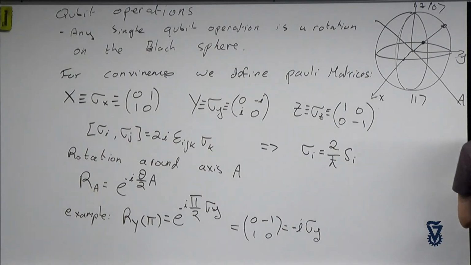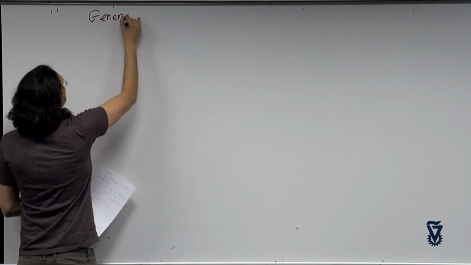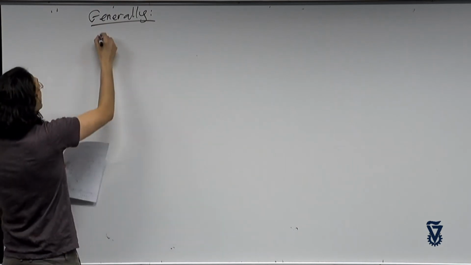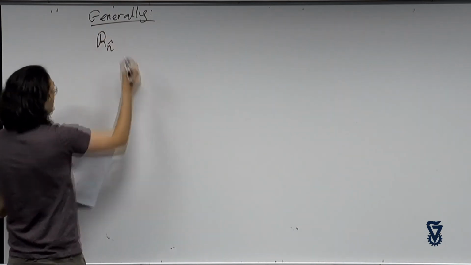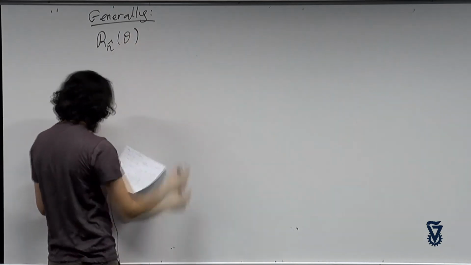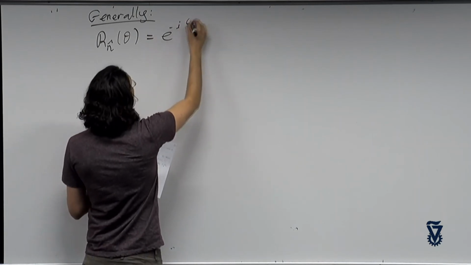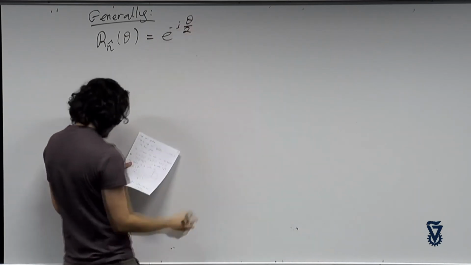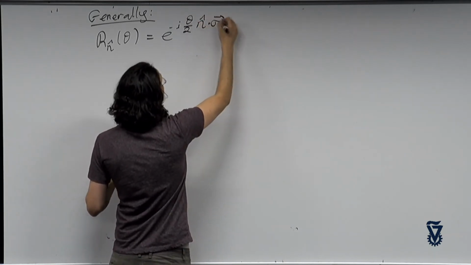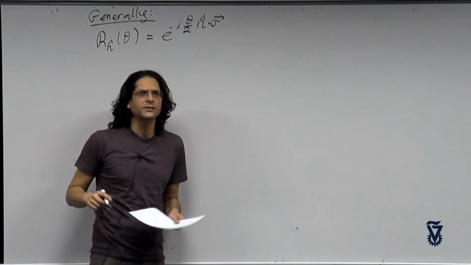Okay, so let's just write this generally. A rotation around some axis n with an angle theta, which we wrote as e to the minus i theta over 2 n dot sigma, where sigma is just the vector of the Pauli matrices.